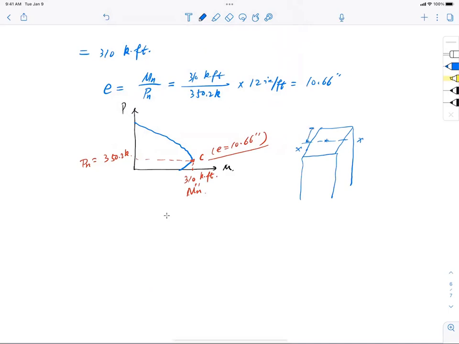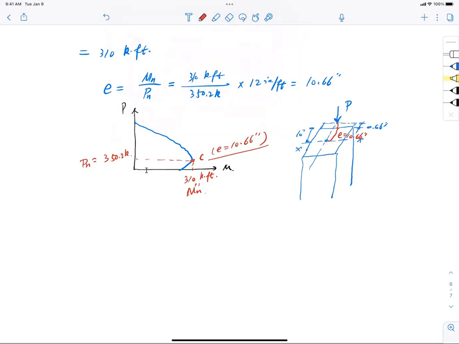And now the height of the column is 20, so half of it is 10 inches. 10.66 means I have to put my force 0.66 inch outside of the section, which means the axial force loading is along this y-axis, but right here, 0.66 inch away from the edge of it. So that means this eccentricity is right here, and it is 10.66 inches. Okay. All right. So that's for point C.